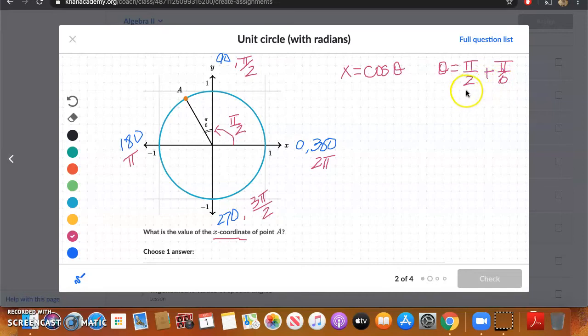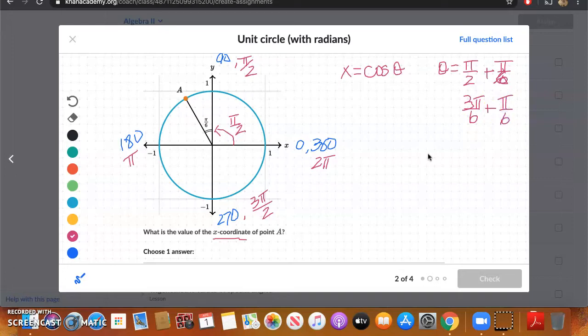So we need common denominators here. The lowest common denominator of 2 and 6 is going to be 6. So you'd have to multiply the bottom by 3 and the top by 3. So 3 times 2 is 6, and 3 times pi is 3 pi. Okay, plus pi over 6.